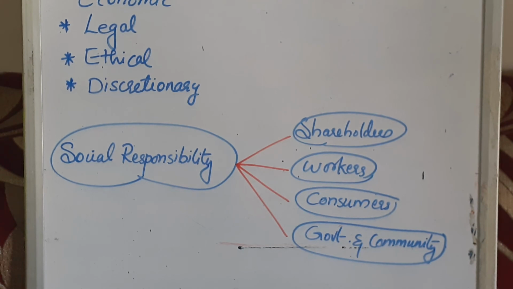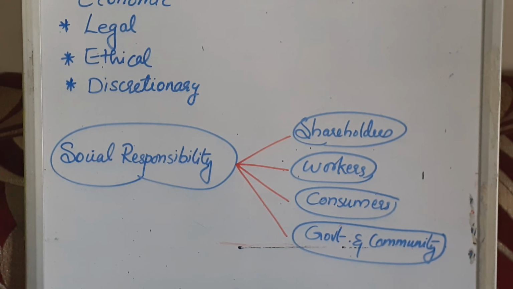Next is responsibility towards the workers. Management of an enterprise is also responsible for providing opportunities to the workers for meaningful work. It should try to create the right kind of working conditions so that it can win the cooperation of workers.